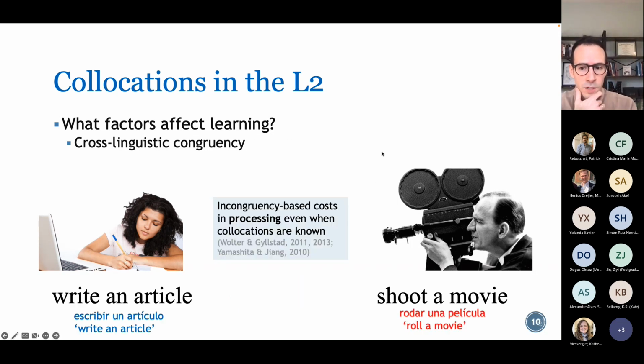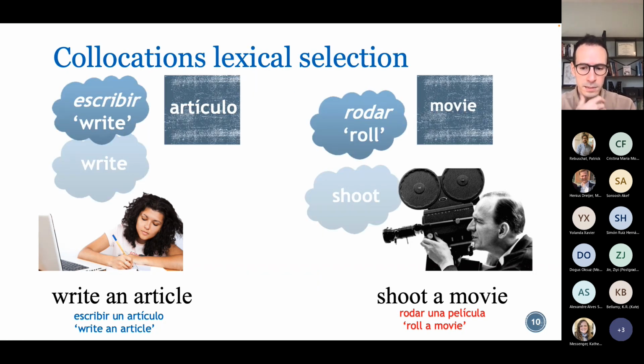What we know from previous work is that incongruency leads to costs in processing, even after these collocations are well known by learners or second language speakers. But production hasn't been researched to such a large extent, at least until recently.